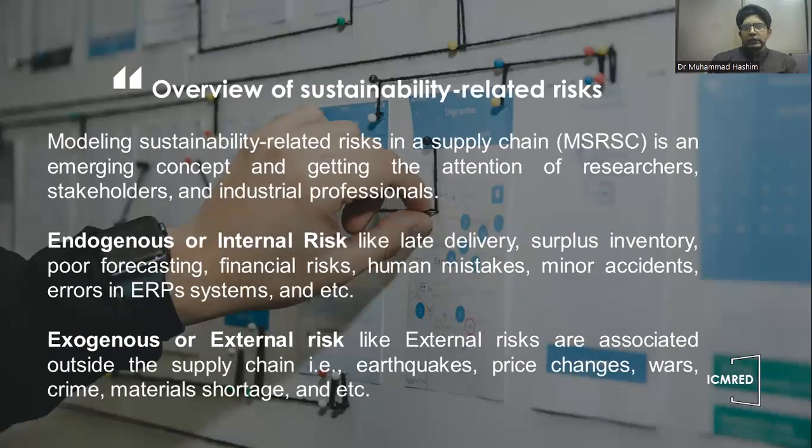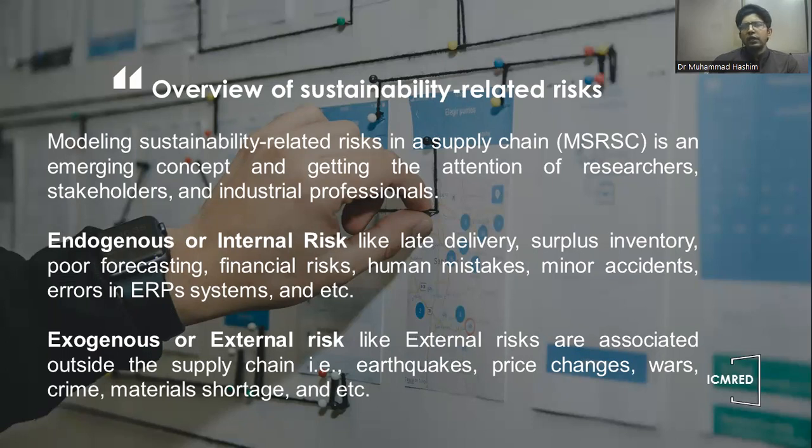Modeling sustainability related risk in a supply chain is an emerging concept and is getting the attention of researchers, stakeholders, and industrial professionals. We can divide risk into two categories: number one, endogenous or internal risk, and number two, exogenous or external risks.